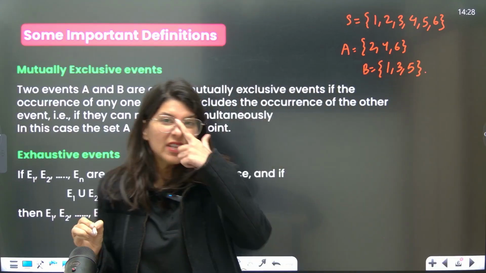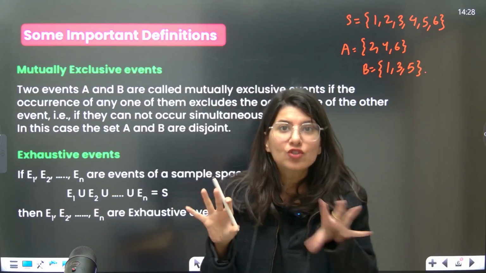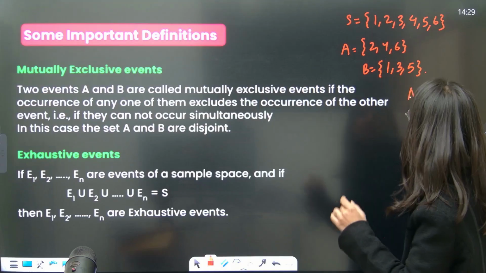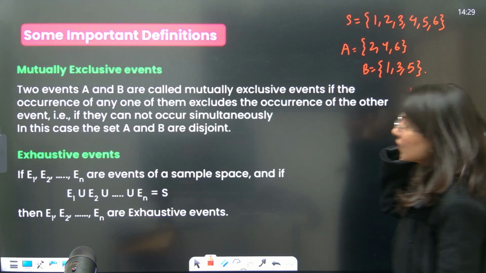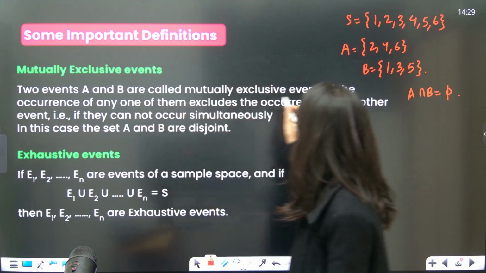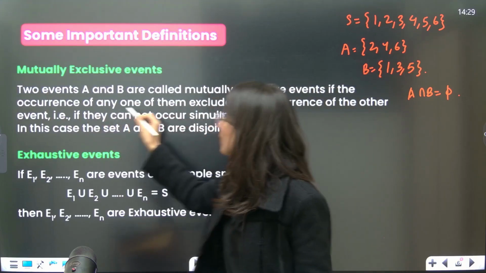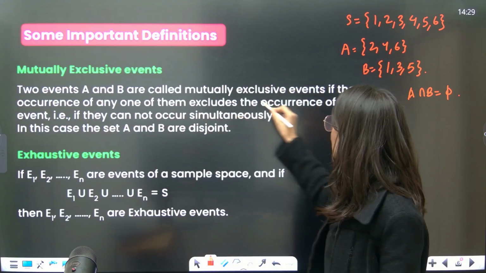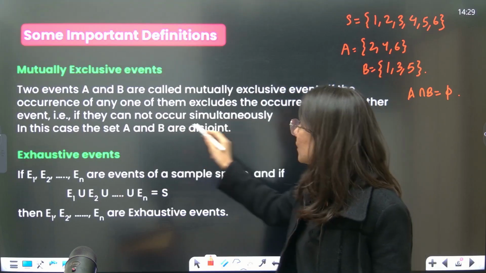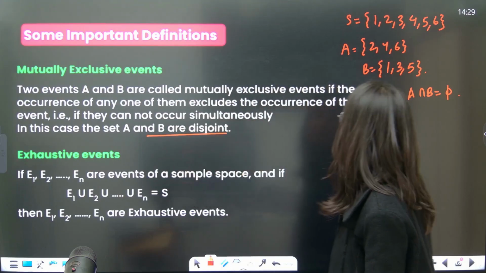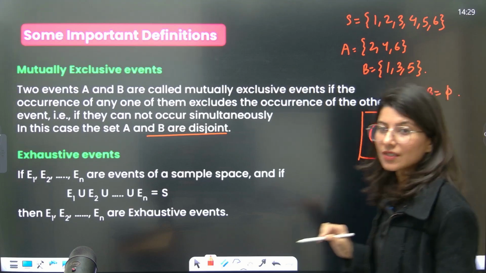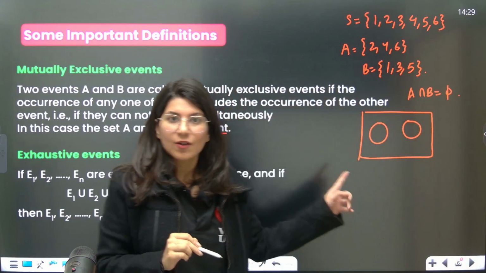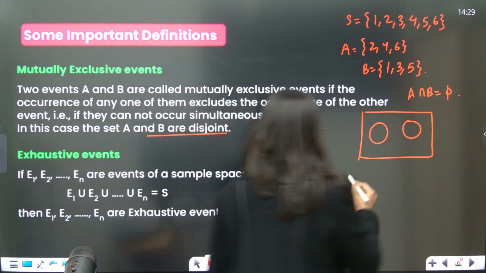So now even number and odd number are disjoint events. That means A intersection B should be null. Okay. So two events A and B are mutually exclusive if the occurrence of any one of them excludes the occurrence of the other. Okay, so basically disjoint sets. So in a Venn diagram, how do you represent mutually exclusive? Like this.